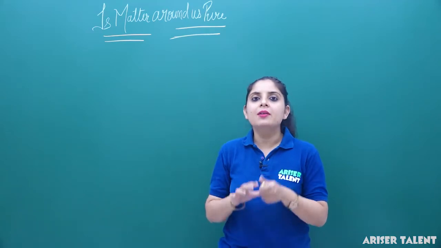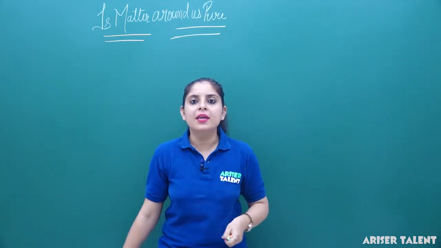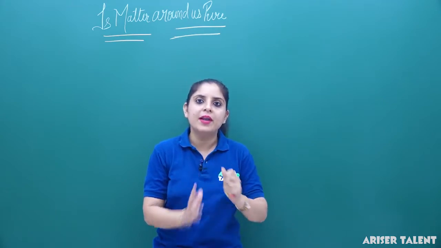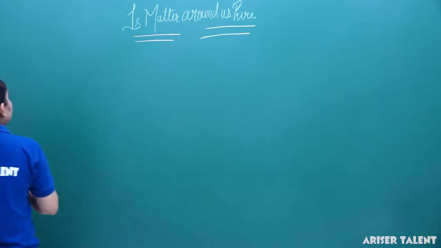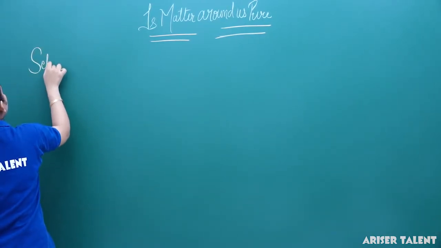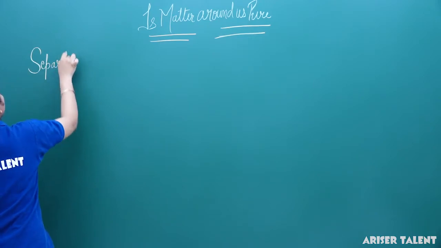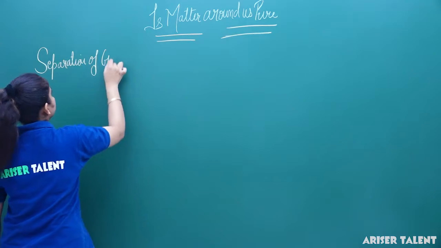Today we are continuing with this topic, how you will separate the gases from the air, as air consists of a variety of gases. So today's topic is all about the separation of gases from air.